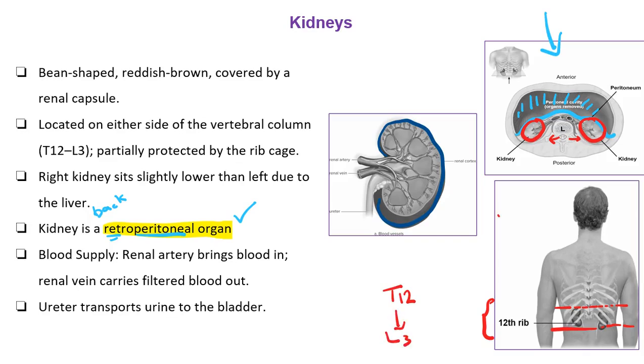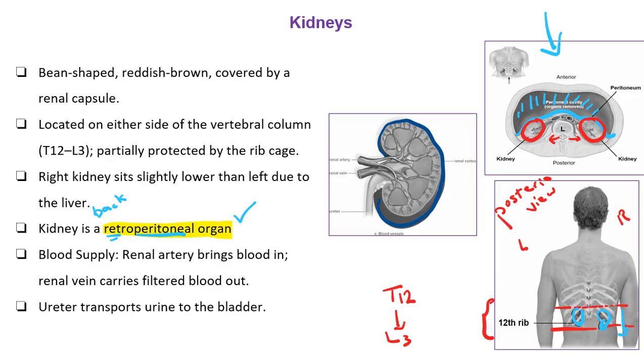That is a picture you can see from behind, a posterior view of the body. Here we have our right kidney and here we have our left kidney. As you can see, our right kidney is lower than the left one, which is actually normal.